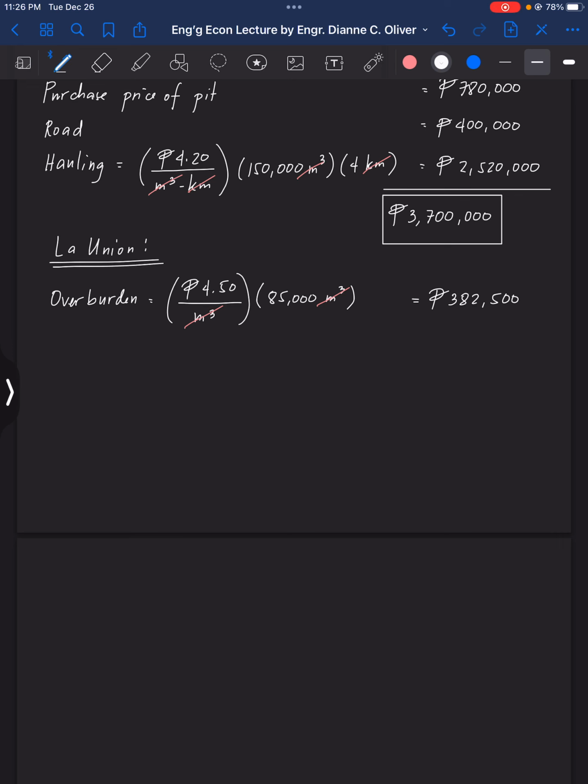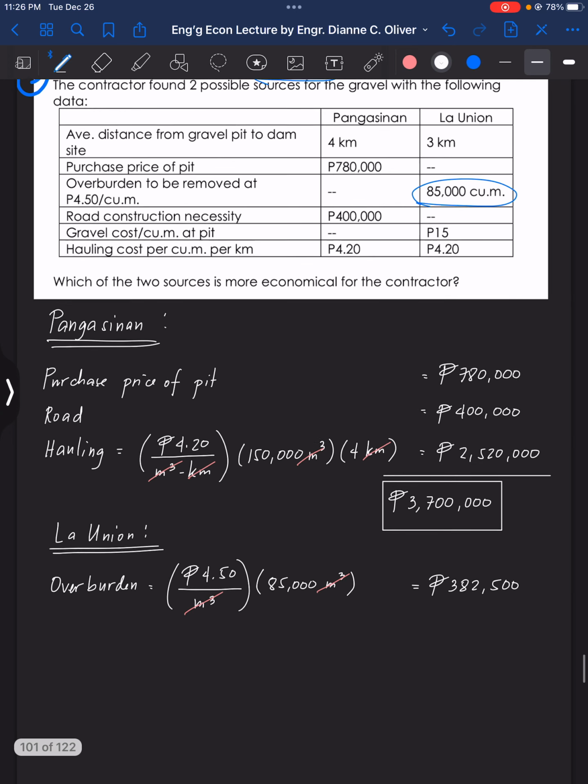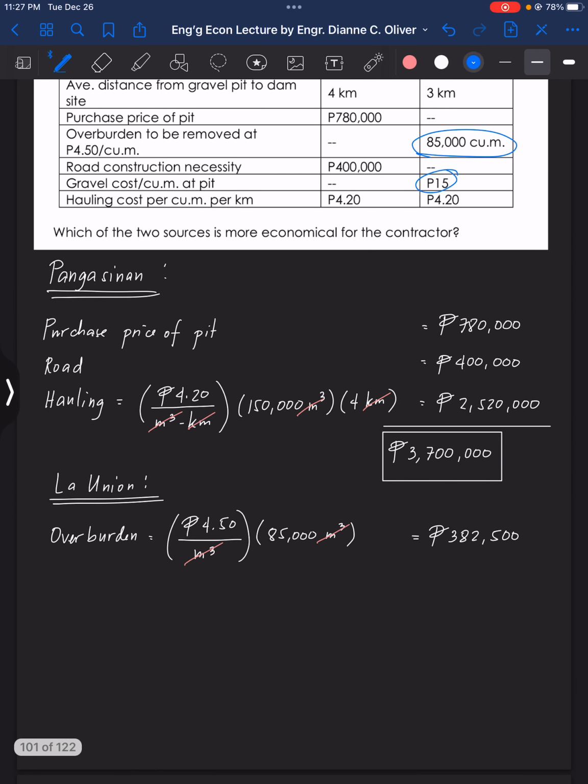Next, we have the gravel cost. For gravel cost, that is 15 pesos per cubic meter. It says there gravel cost per cubic meter at pit.